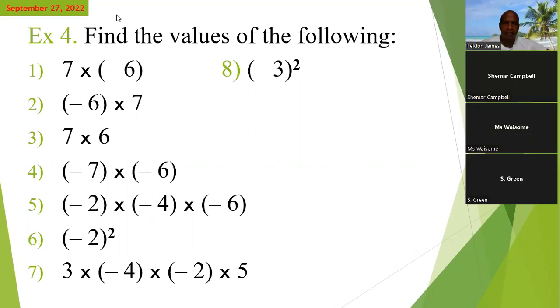All right, guys. Can we get some answers now to the questions? Question 1, what's the answer? Negative 42. Question 2.